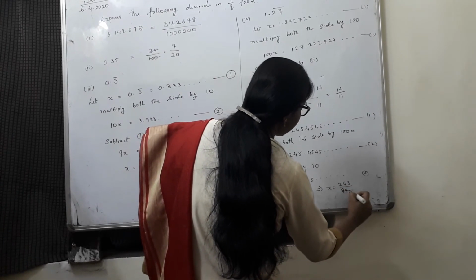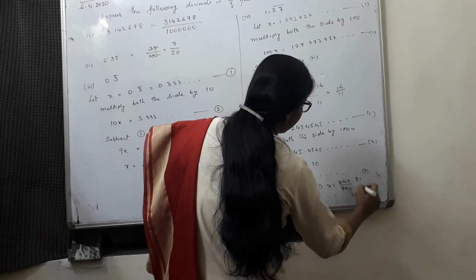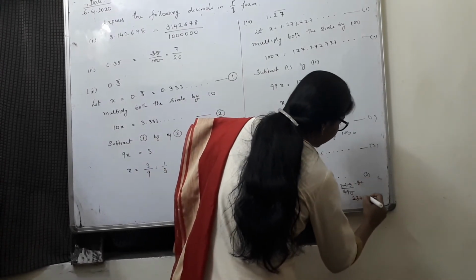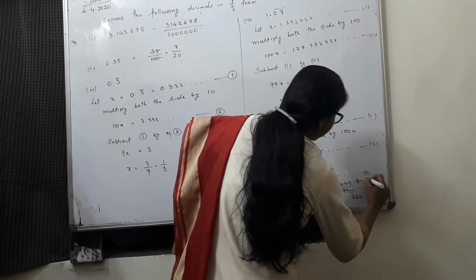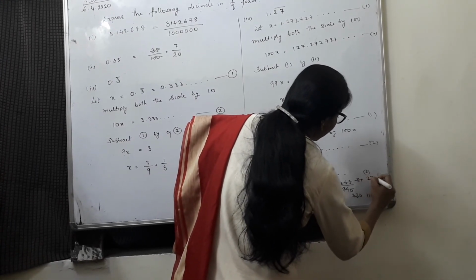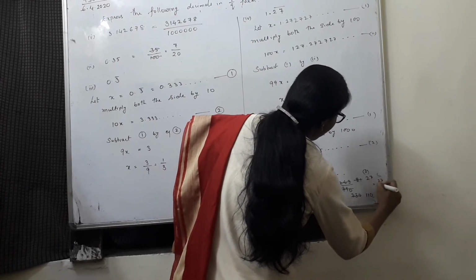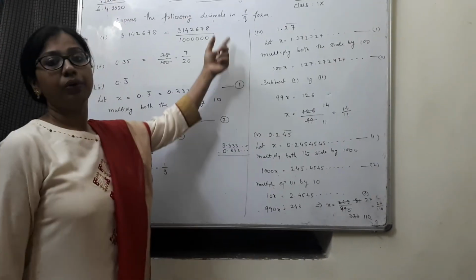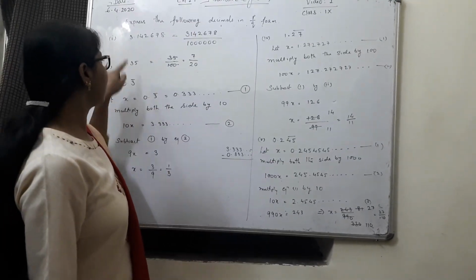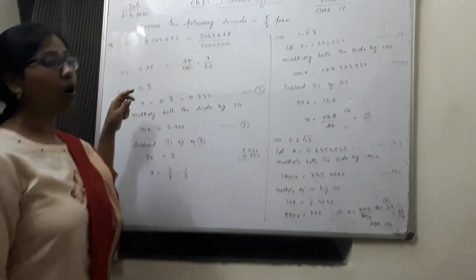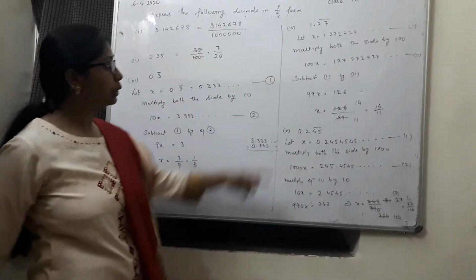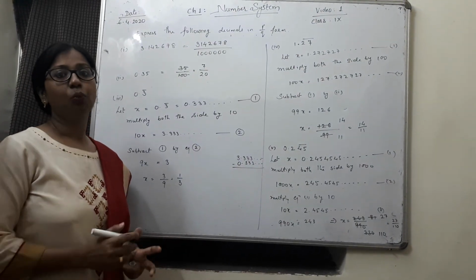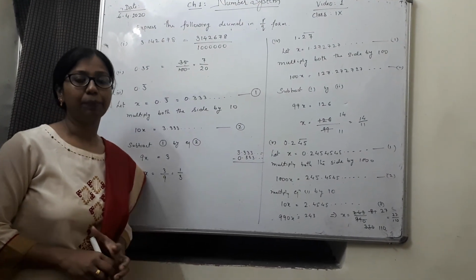Dividing by 3 gives 81 by 330, then again by 3, 27 by 110. So this is how we can express a terminating or recurring decimal into p by q form. Complete your NCERT exercise 1.3 and 1.1.